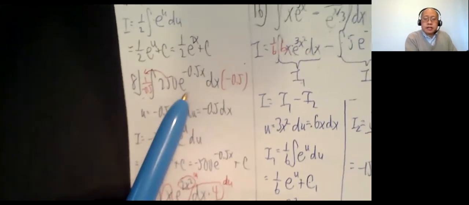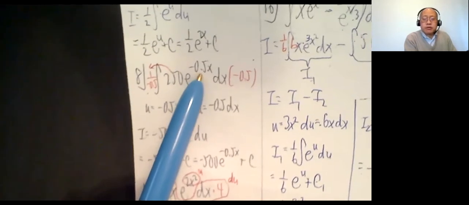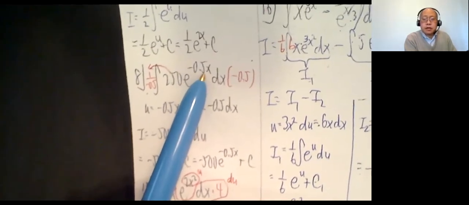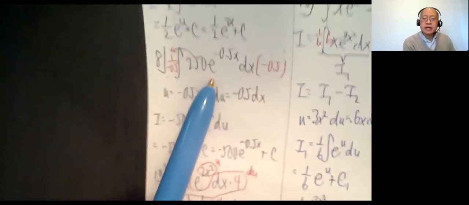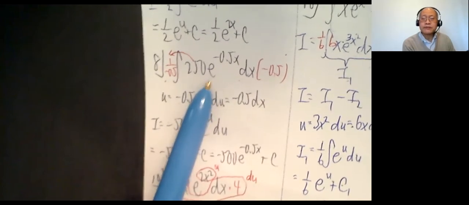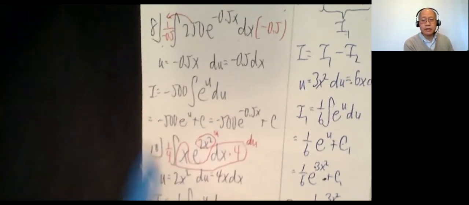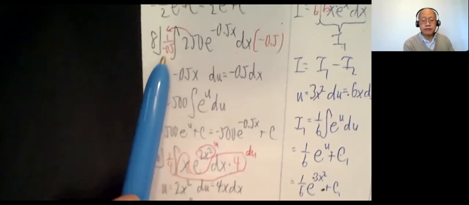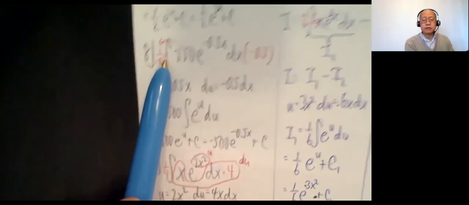If I differentiate e to the negative 0.5x, I get e to the negative 0.5x times negative 0.5. So therefore, when I integrate, instead of multiplying by negative 0.5, I would divide by negative 0.5. And that's exactly what happened at this step over here, as you can see. So you get the same answer.